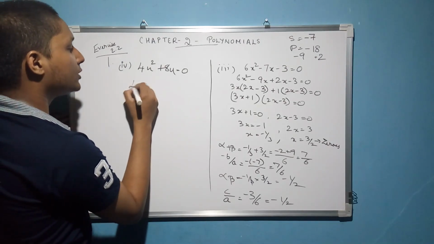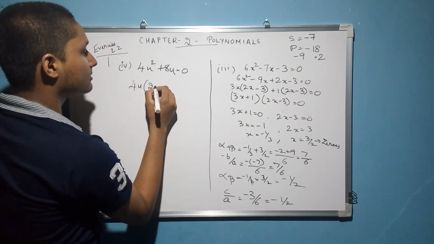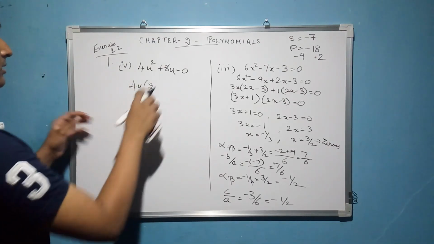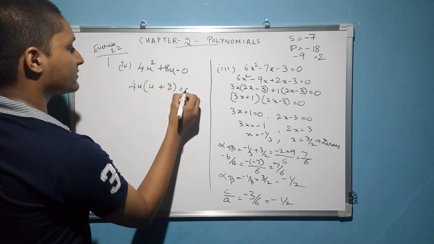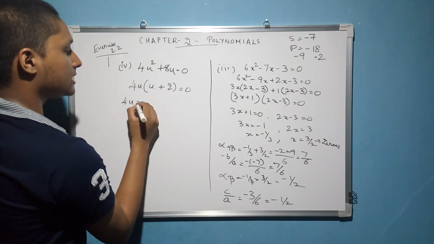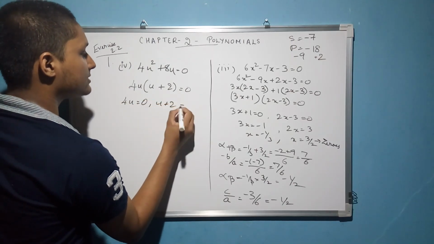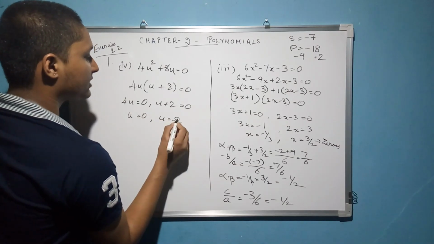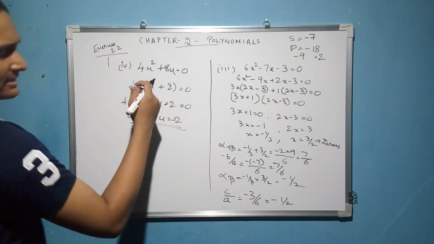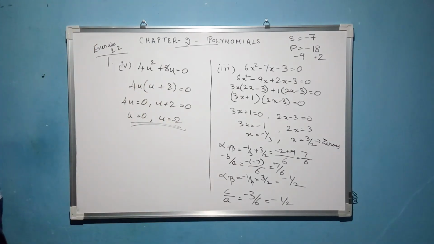So now you take 4u common out of this. You get 4u and u plus 2 here. Therefore, either 4u is equal to 0 or u plus 2 is equal to 0. That is, u is equal to 0 or u is equal to minus 2, which come to be the zeros of these two.